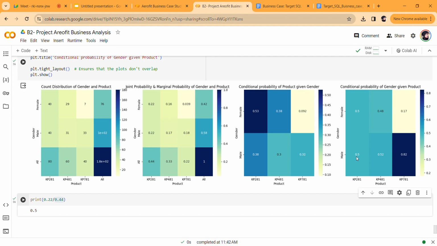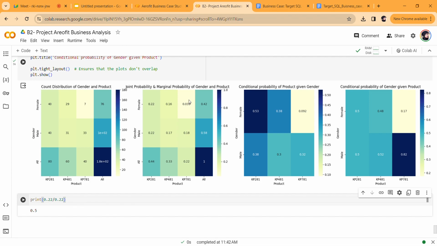It's given. So if I wanted to know, if a product is KP781, what is the probability that she's a female? KP781's total marginal probability is 0.22, so we will take 0.22 in the numerator. And what is the probability that she is a female?